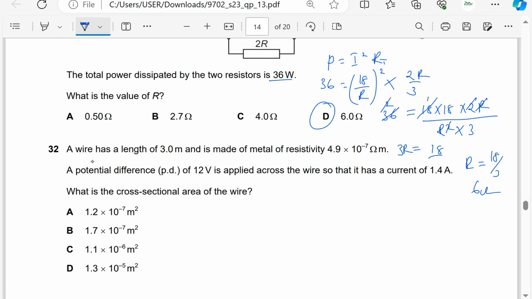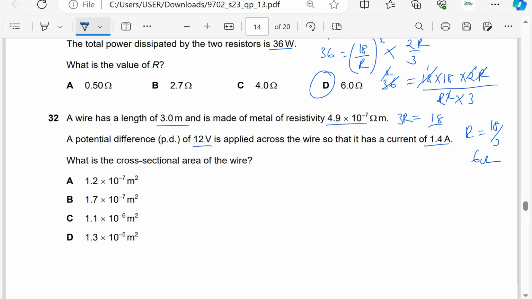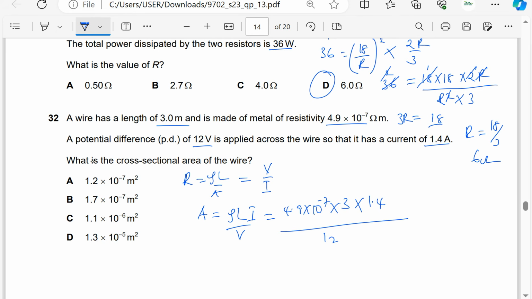The wire has a length of 3 meters and is made of metal of resistivity 4.9. A potential difference of 12 volts is applied across the wire so that it has a current of 1.4. What is the cross-sectional area of the wire? So we know that resistance is equal to rho L divided by cross-sectional area, but resistance is also PD over current. So cross-sectional area therefore, making A the subject, is going to be rho L times I divided by V, which is rho is 4.9 times 10 power minus 7, L is 3, I is 1.4 divided by V, which is 12.